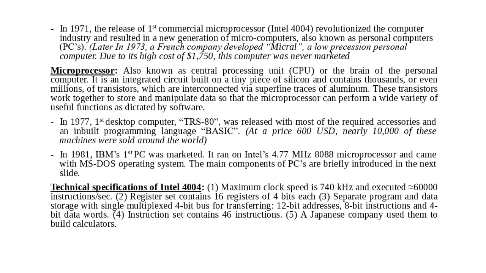Later in 1973, a French company developed Micral, a low precision personal computer. Due to its high cost, $1,750, this computer was never marketed. So in 1971, the first commercial microprocessor was Intel 4004.